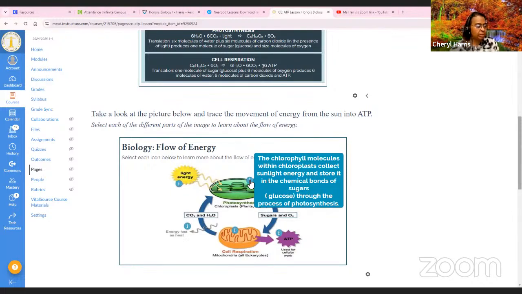It's the enzyme that makes the process go faster, and it helps to store the sunlight energy in the chemical bonds of sugars. Sugar is again that glucose molecule. So again, step one, you have to store the energy in a glucose molecule.